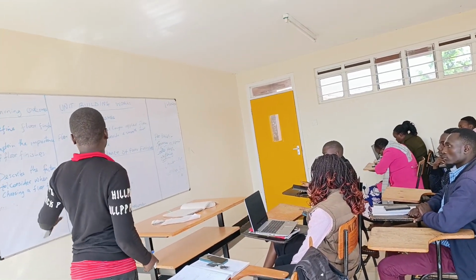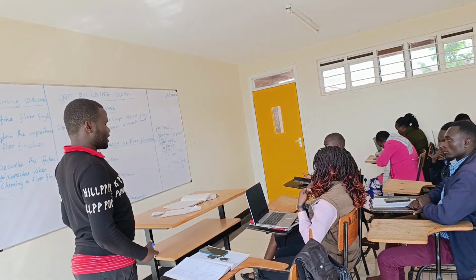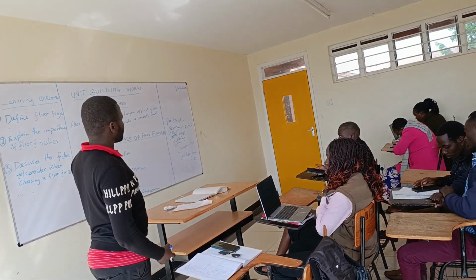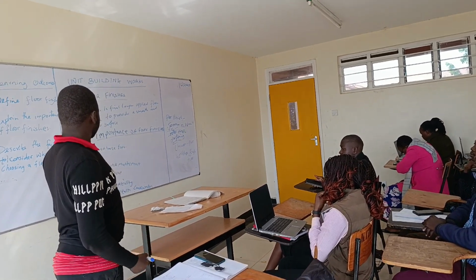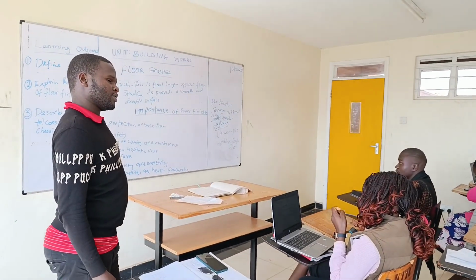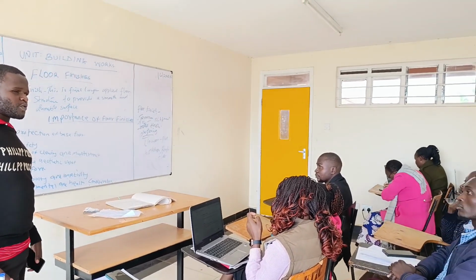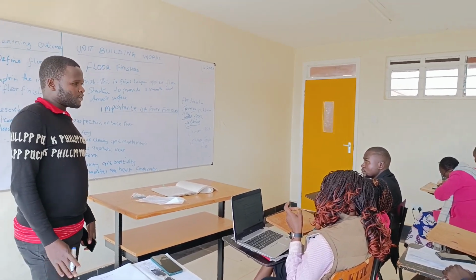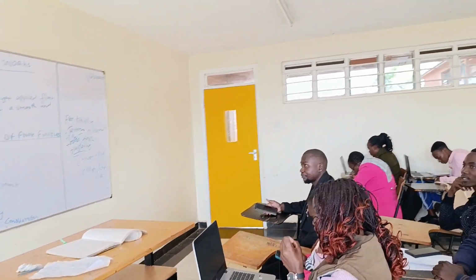Look at the flooring, even the wall, that is what the floor finish requirement entails. Another one is comfort. If I ask the class, how do you feel being in this class that is well furnished, well tiled? It's comfortable. Yes, and the environment is good for learning.